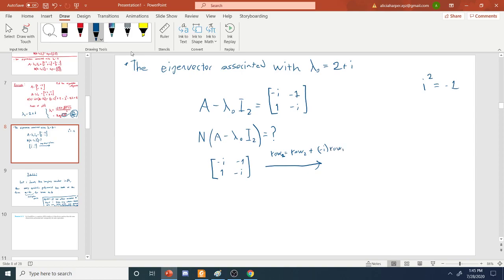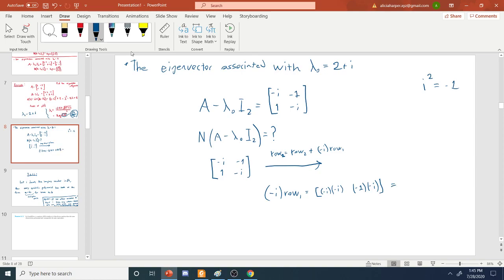Why am I going to do this? Well, what is negative i times row 1? Well, this is precisely going to be negative i times negative i and negative 1 times negative i.